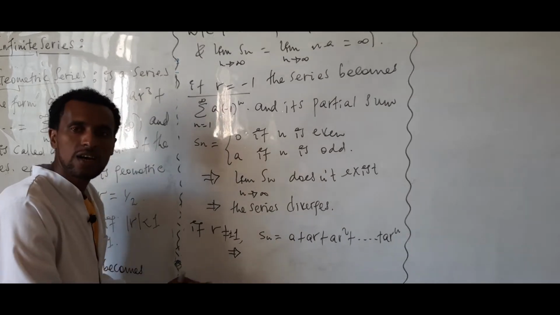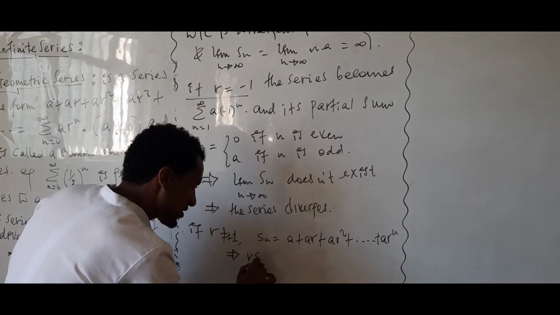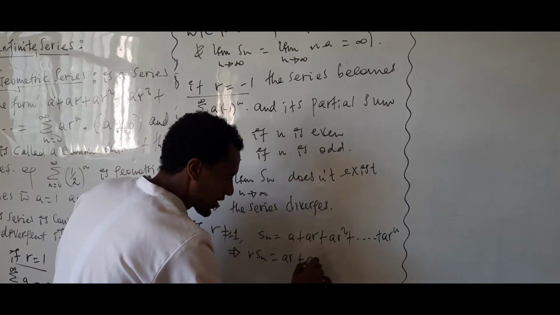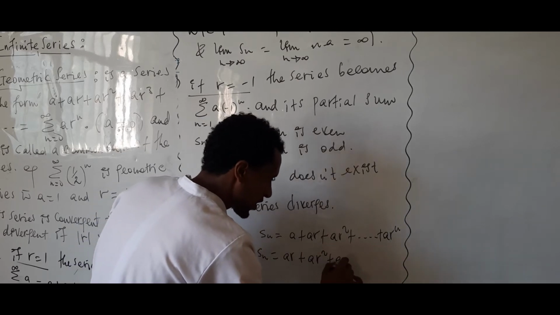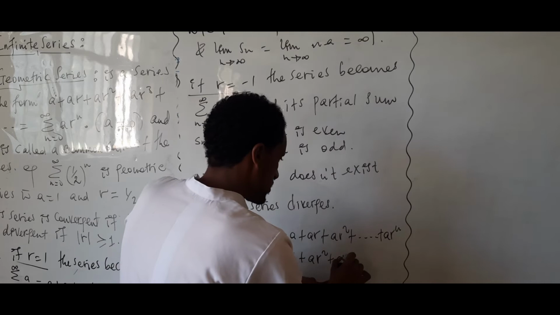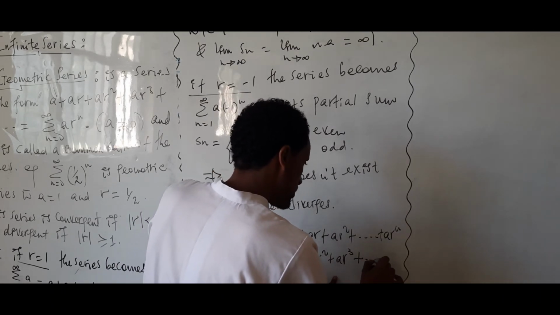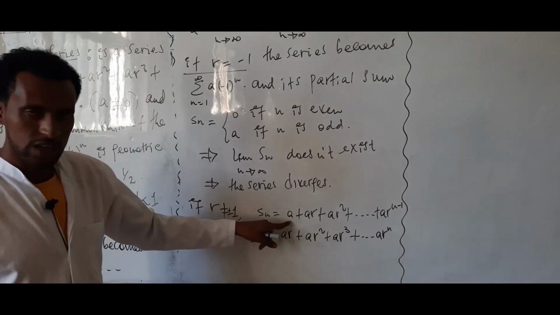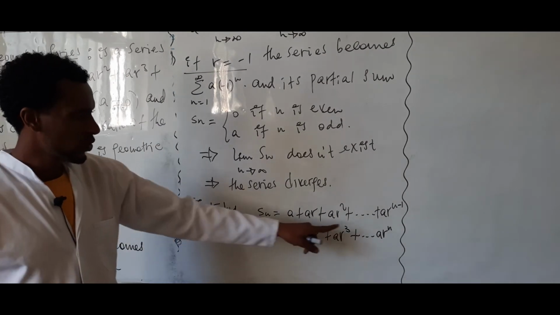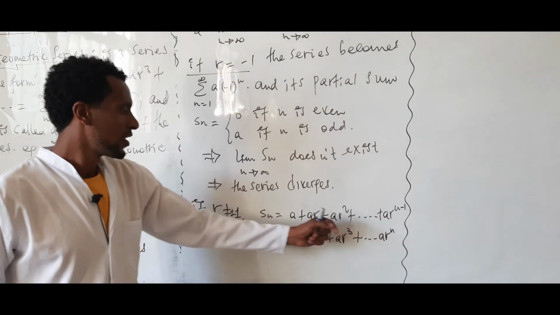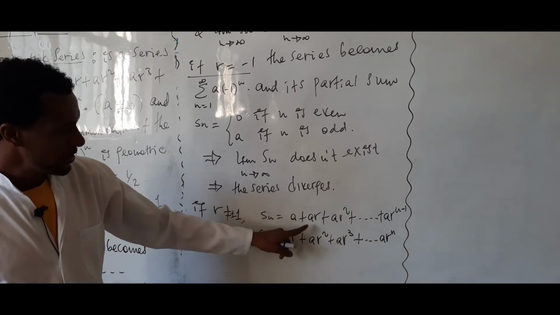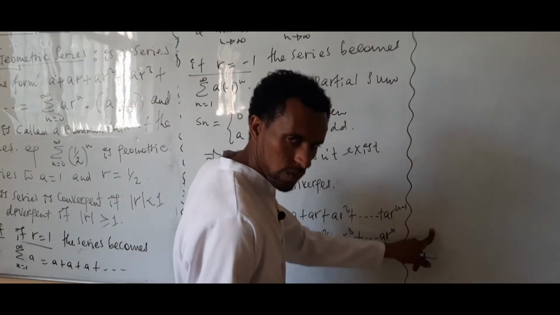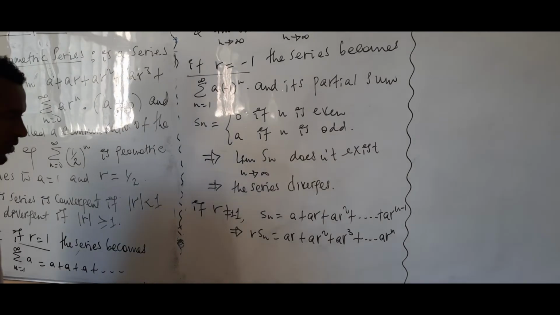Then, what will be r times Sn? r times Sn is equal to a times r plus a times r squared plus a times r to the power of 3 plus up to a times r to the power of n.